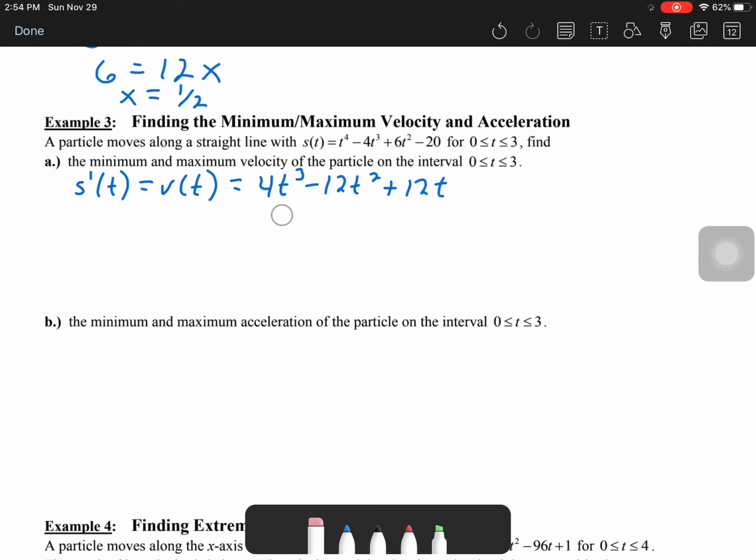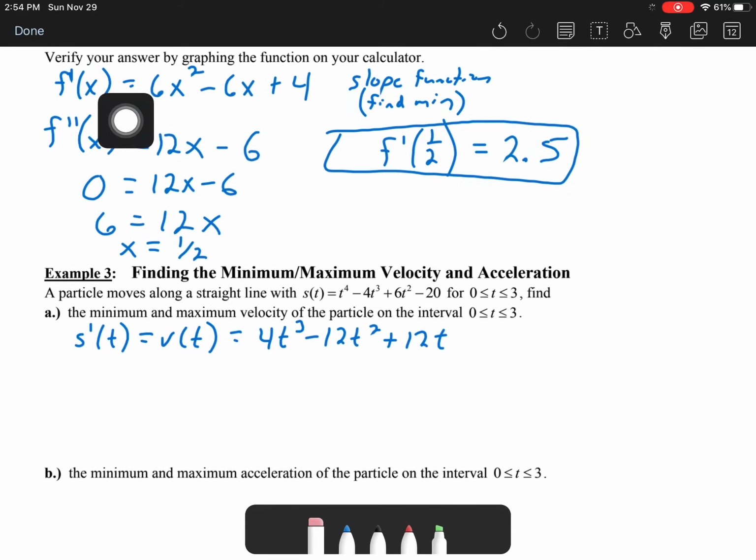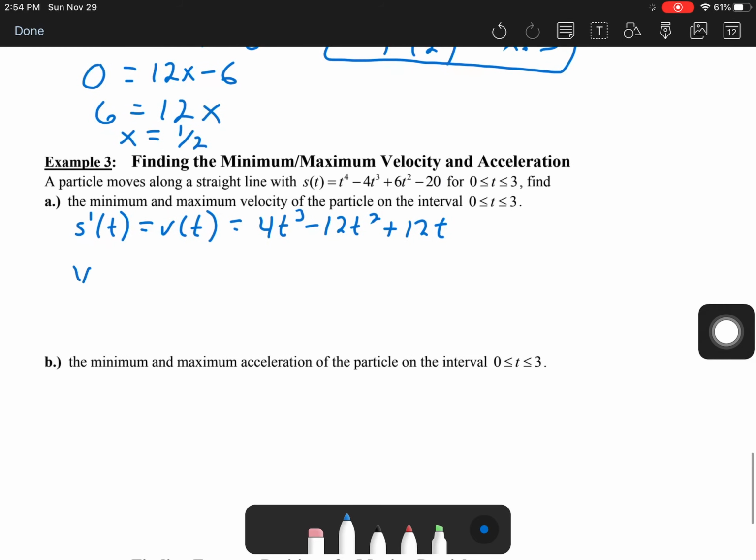Just like before, this is our velocity function right here. This is kind of like what I did in the step up above. I found the slope function, my velocity function. Now to get my mins and maxes, I have to take the derivative of that. So I want v prime now and set that equal to 0 to get my critical numbers of the velocity function.